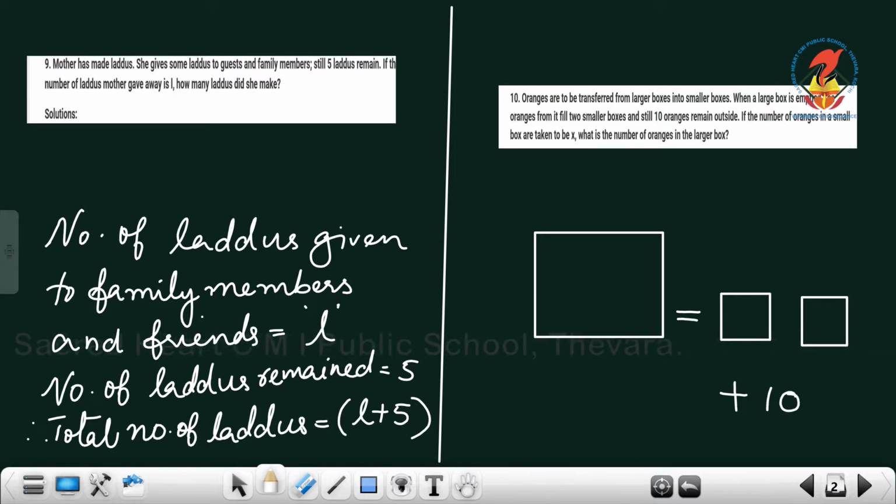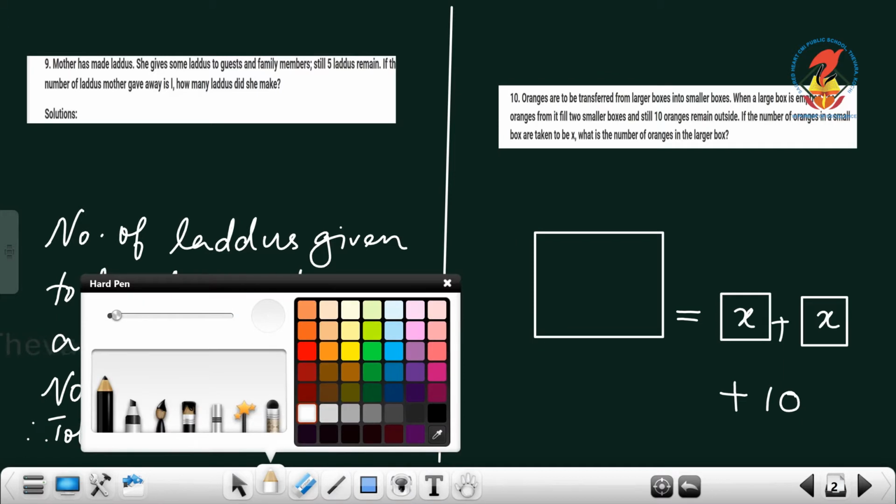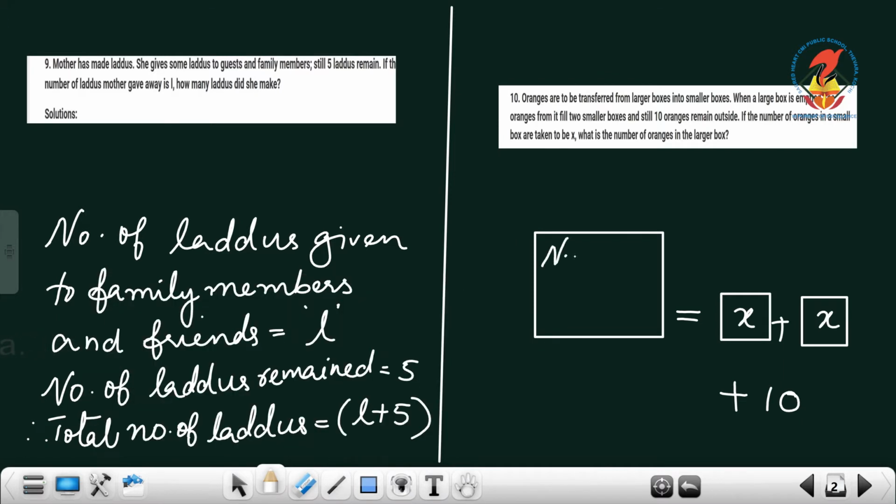Then, if the number of oranges in the small box are to be taken to be X number of oranges, here also X number of oranges, then that will give the number of oranges in the larger box.